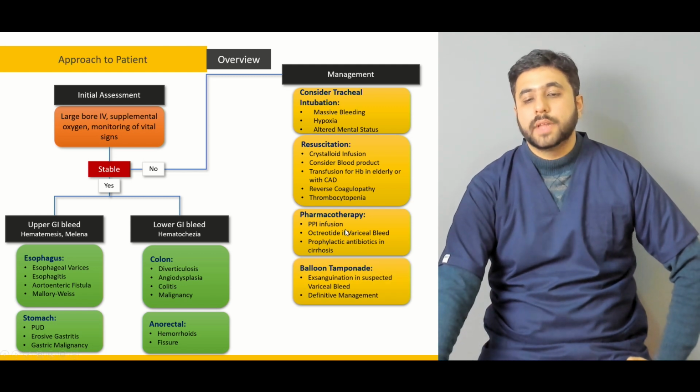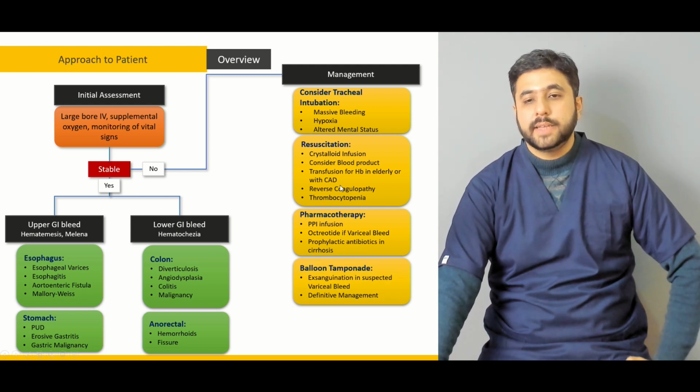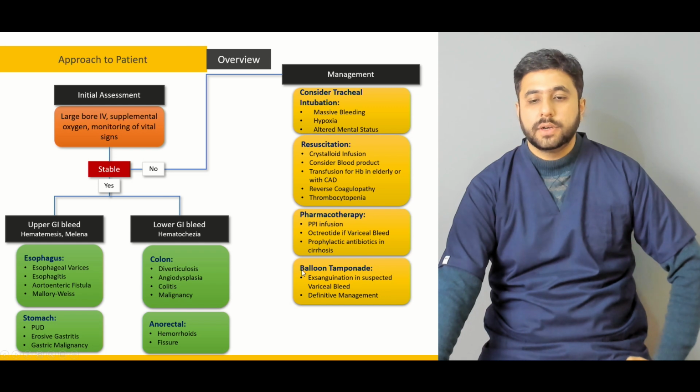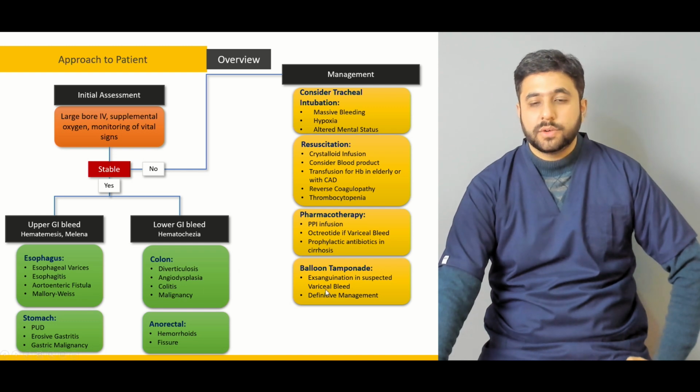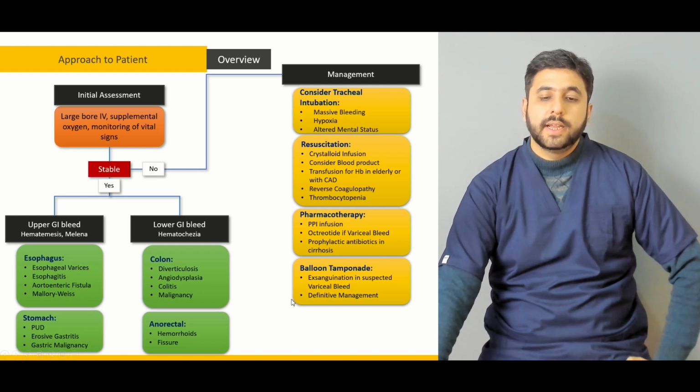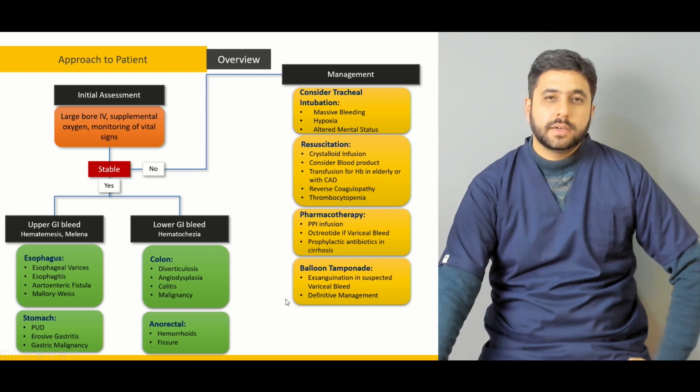And then after stabilizing the patient, we scope the patient with the help of an endoscope and look at what we can do. The endoscopy can be diagnostic if we are unable to diagnose the patient on clinical presentation, and can also be therapeutic.